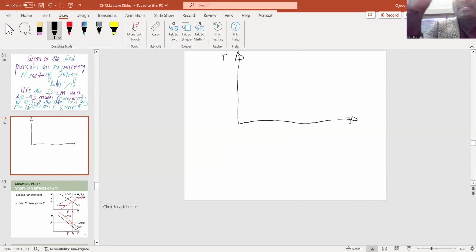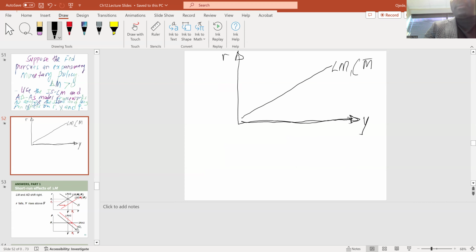This is your ISLM framework. Put Y there. This is my LM1, which is a function of M1 over P1, you can put that. And then this is my IS curve, IS1.